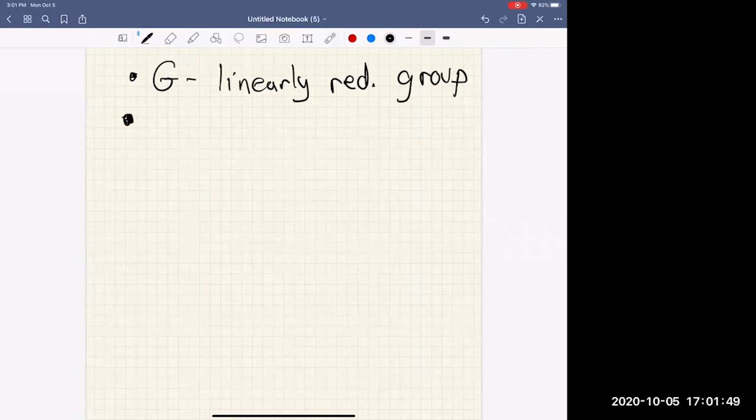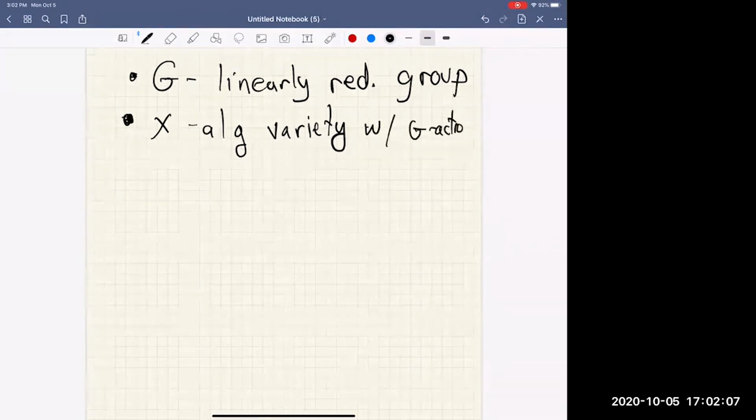And X is some kind of algebraic variety, not necessarily smooth or even irreducible, with G action. And L is a G equivariant line bundle on X.